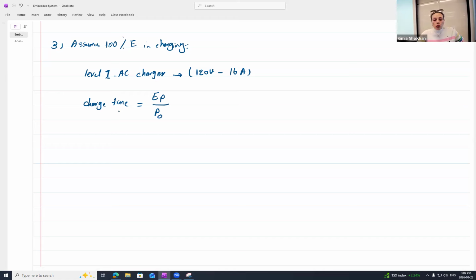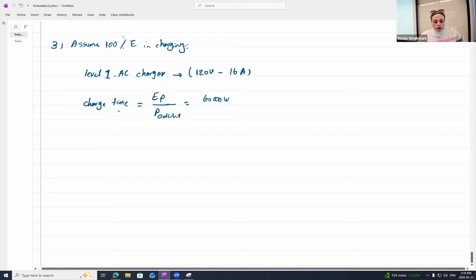The outlet power, or standing for outlet, I'm writing it. So I already have this one to be 60 kilowatt. And then the outlet is going to be 100, I'm taking it from here, 100 times 16. I'm calculating power, right?